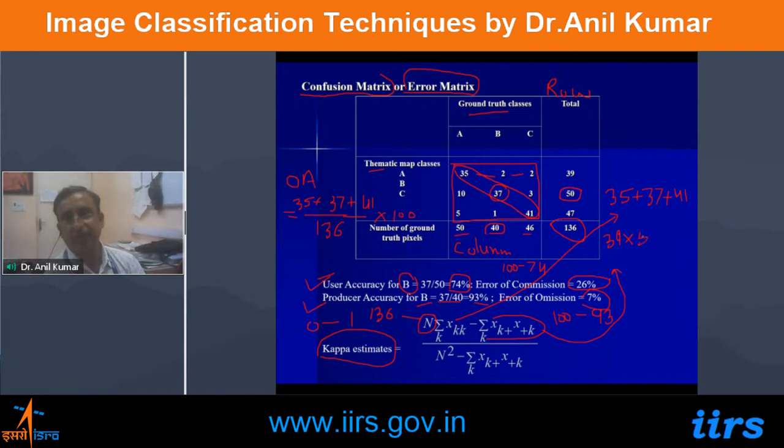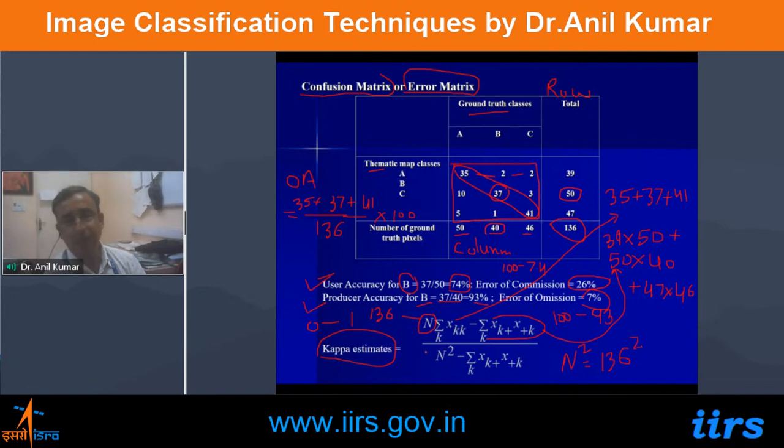So 39 into 50 plus 50 into 40, and again plus 47 into 46. So if you total this up, this will come here. N square is equal to 136, the total number of samples, squared.